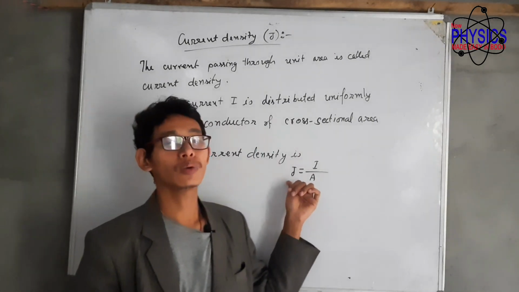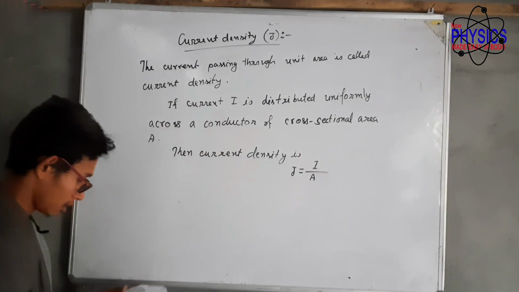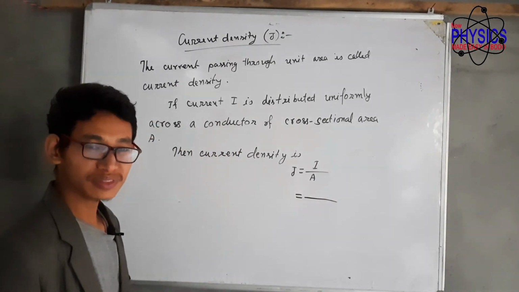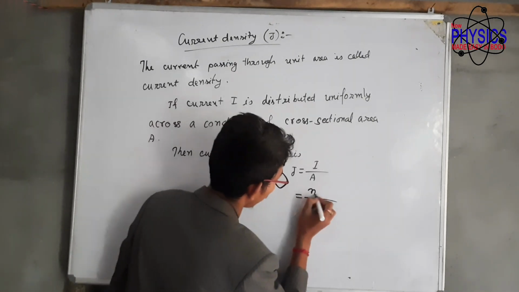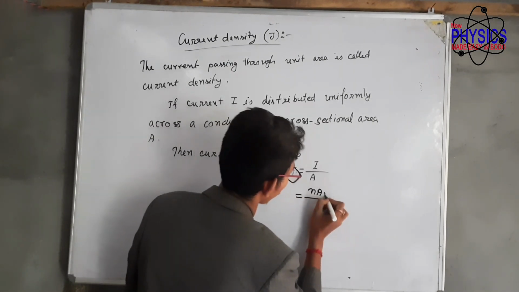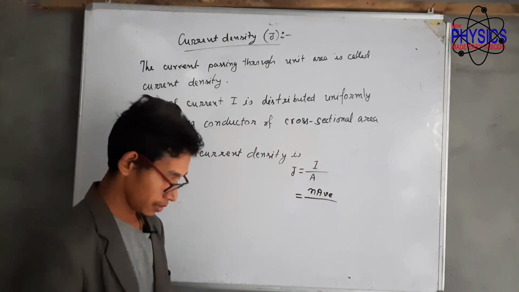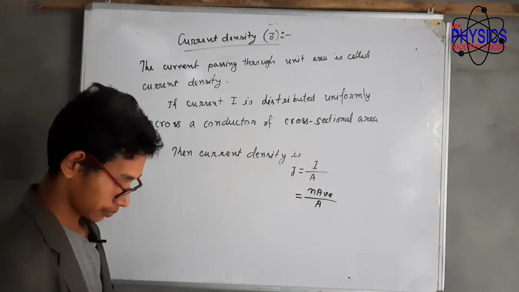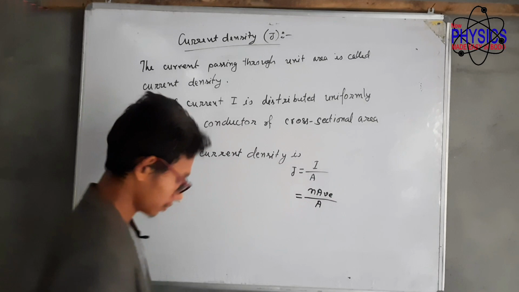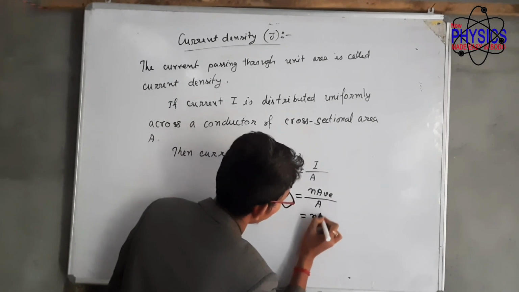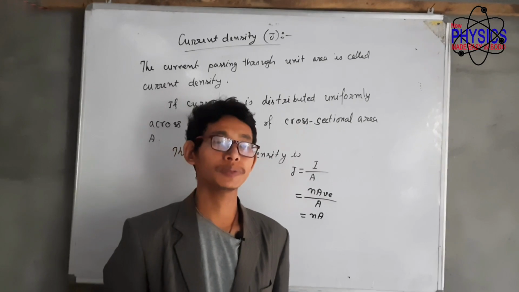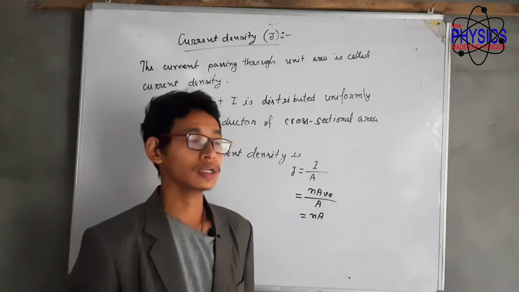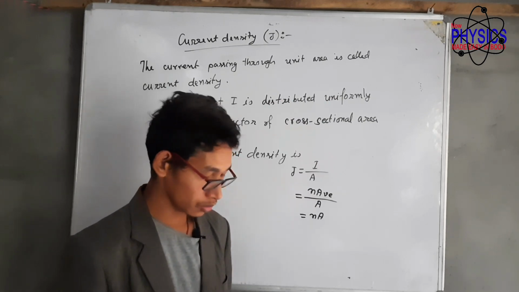It is represented with capital J. So you know what the current I is from the earlier relation? Current I is N A v e, with cross-sectional area A. What is v? Drift speed is equal to, from the earlier derivation, we got the value of v.